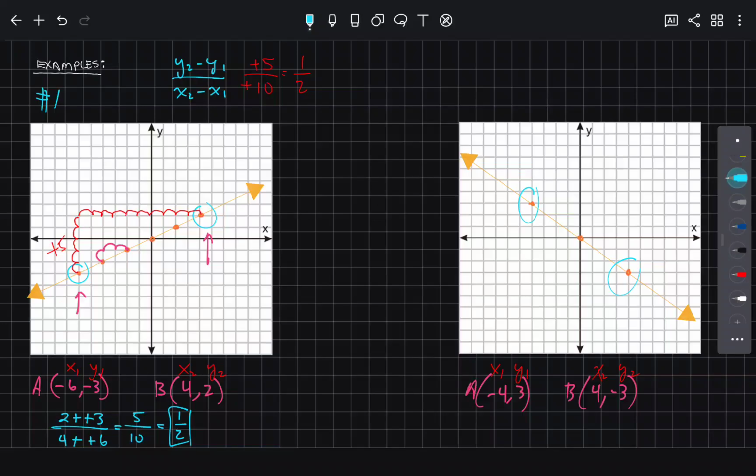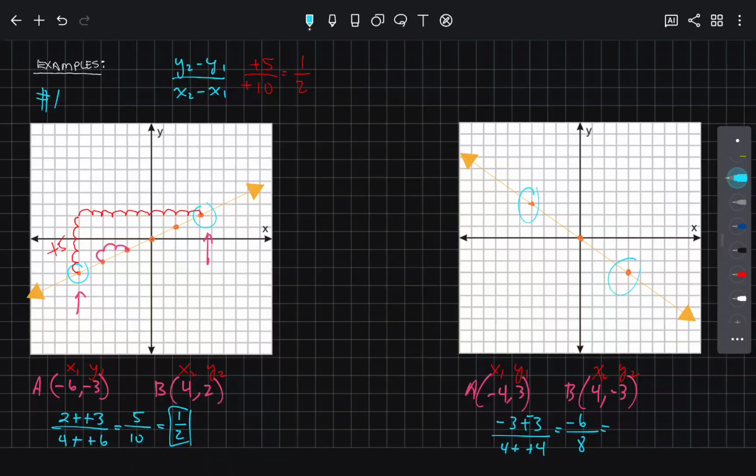Okay, so let's reverse the process and use the slope formula first, and then we can go onto the graph and see how it connects. So y2, which is negative 3 minus 3, and then x2, 4 minus negative 4. So that's negative 6 over positive 8.